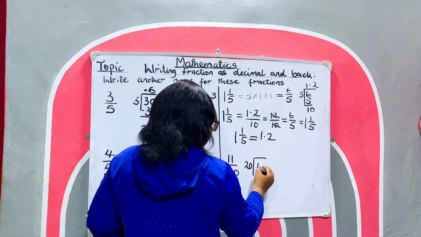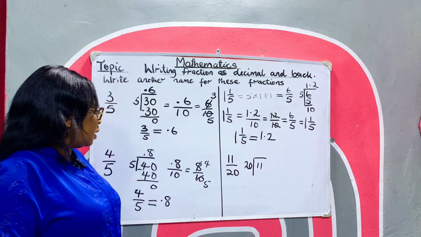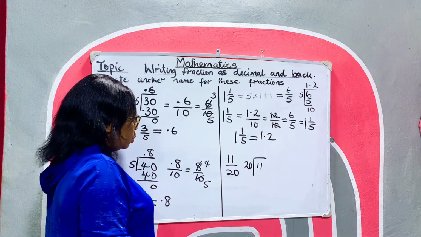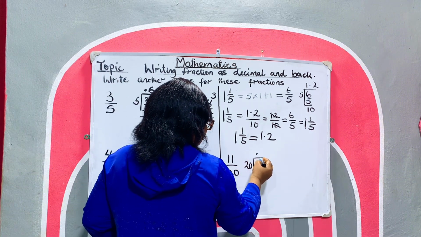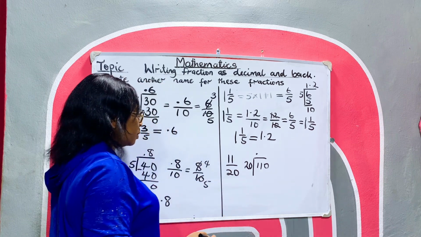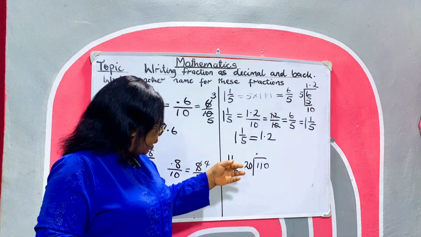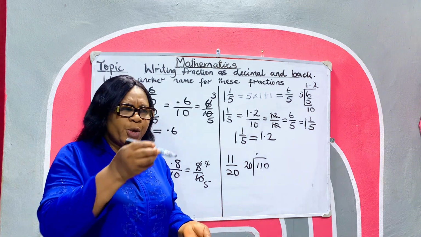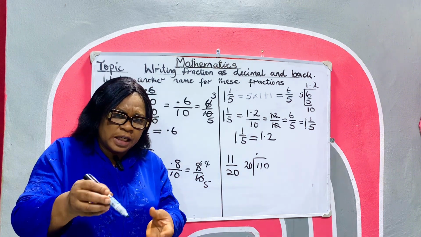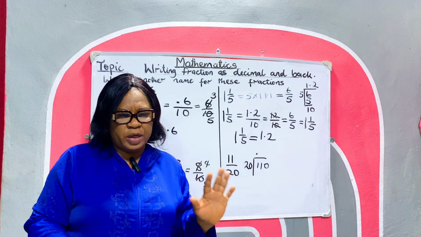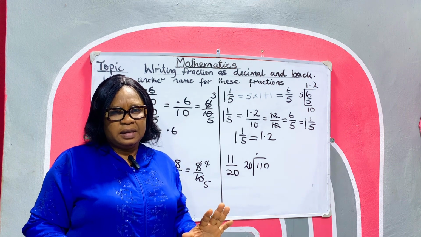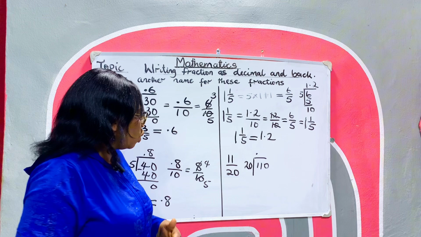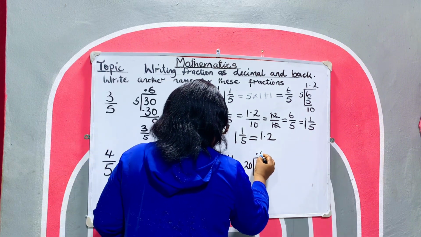Then the last one is 11 over 20. We find our division. 20 here, 11 here. When you look at it, 20 cannot divide. So what do you do? You put your decimal and add 0. And you ask yourself, how many 20 can I get in 110? And you know that in 100 alone, we have 5 twenties. And there is no more 20 in 10. We have 5 twenties, so that is 5.